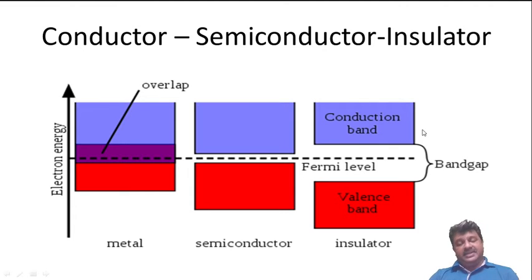There are some materials which do not belong to the conductor category or the insulator category. Those are called semiconductors. There is a gap between the valence band and the conduction band in such materials.